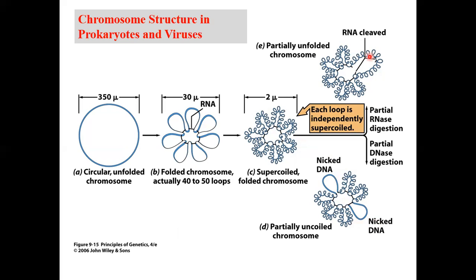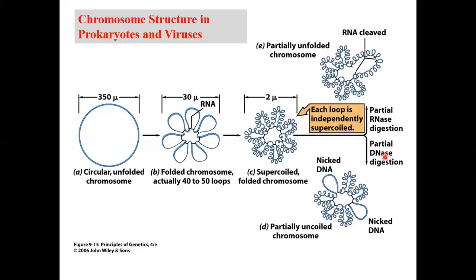For example, here are some RNA molecules. When RNA is cleaved, it makes the chromosome relax, and partial unfolding of the chromosome will be created.